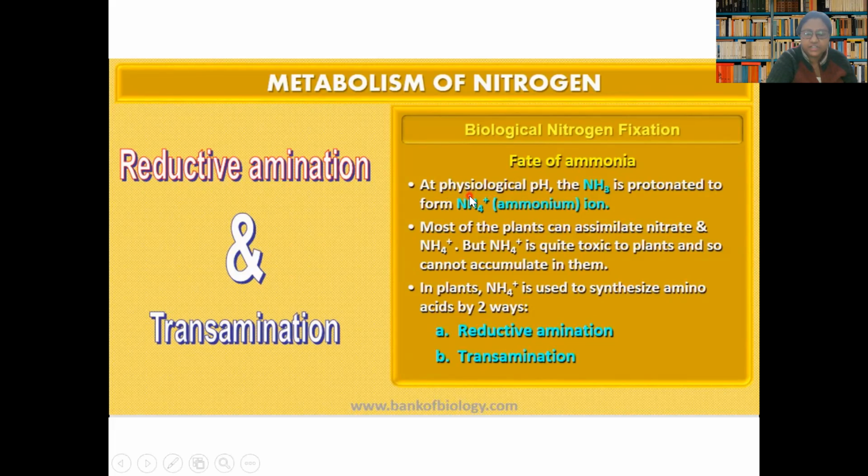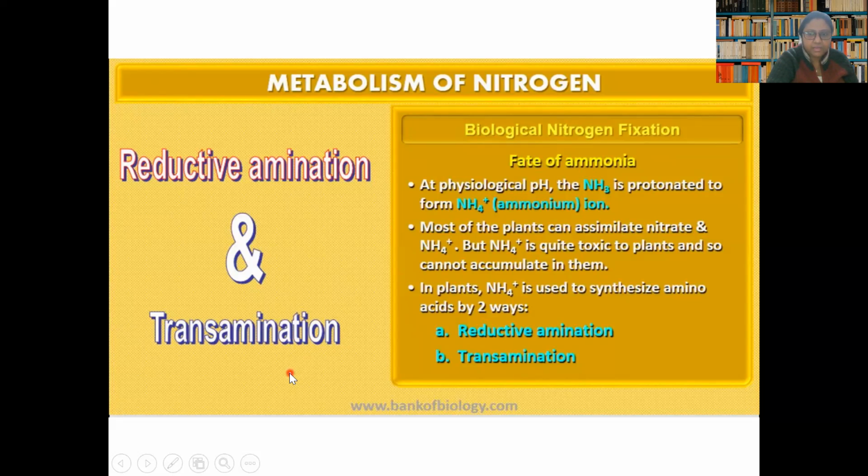Such kinds of things are formed. And finally, ammonia can be converted into nitrate, which can be taken up by plants.